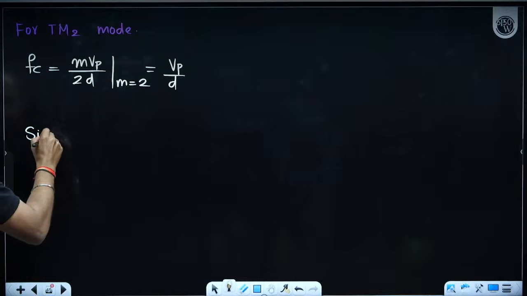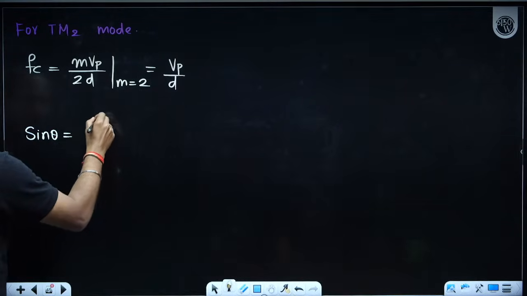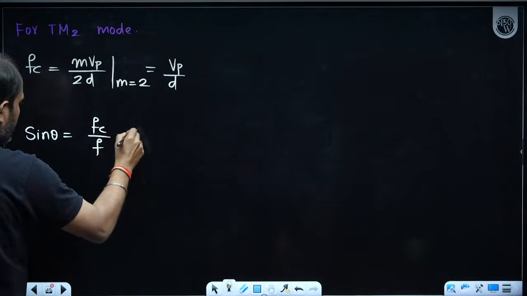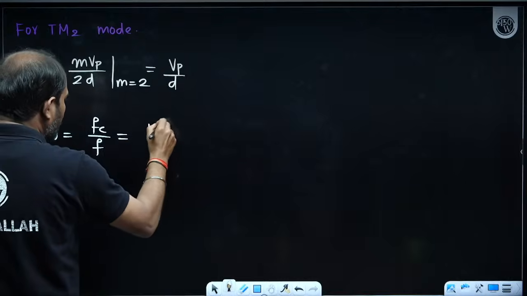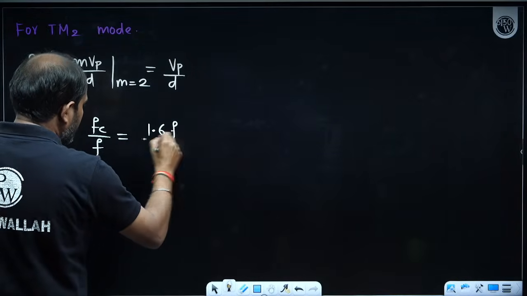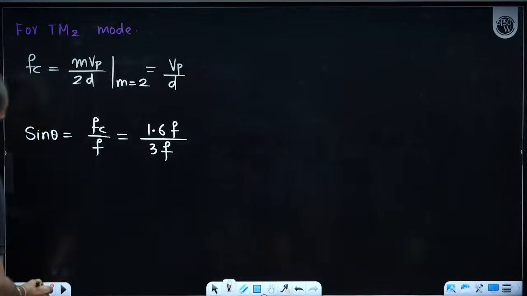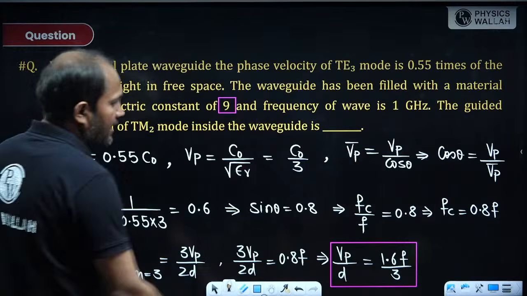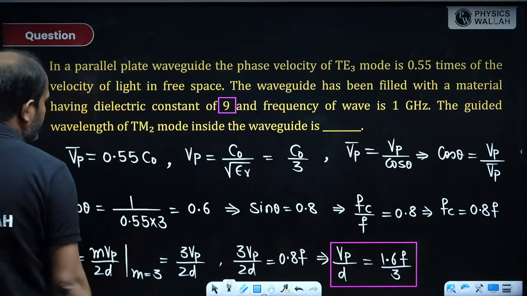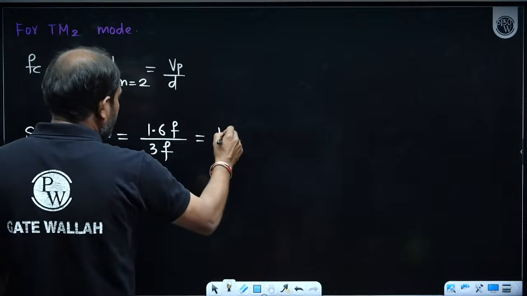Then sin theta is equal to Fc upon F. Vp by D is equal to 1.6F upon 3F, so F will be cancelled out: 1.6 upon 3.